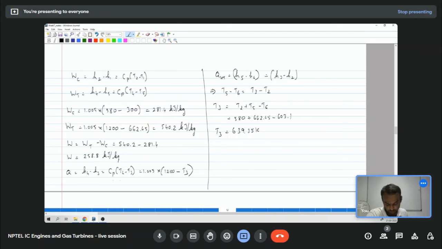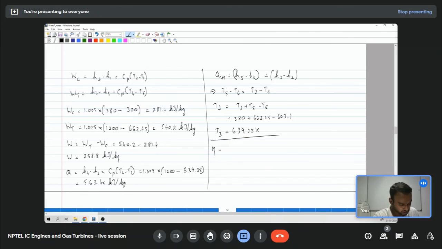This way we can compute the heat input, which is 563.45 kilojoule per kg.